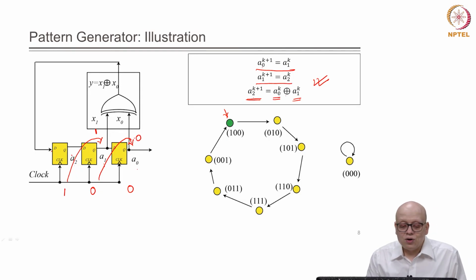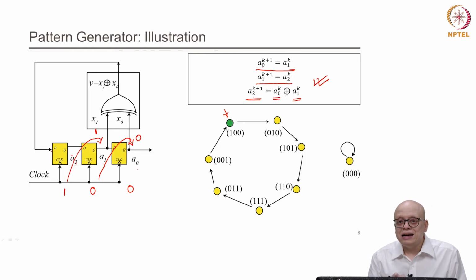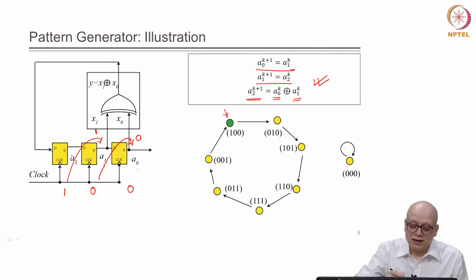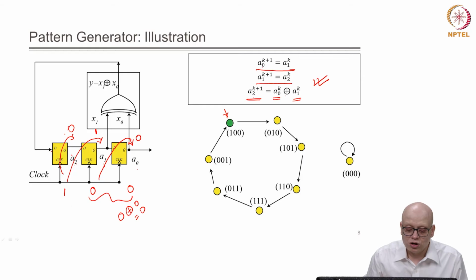And what will be the value of A2 in the next clock cycle? It will take the XOR of these two values, 0 XOR 0, which is 0. So, if we start with 1 0 0, the next state will be 0 1 0.